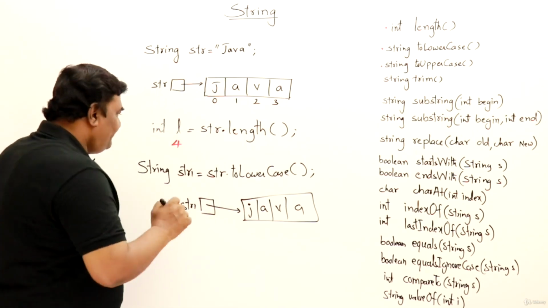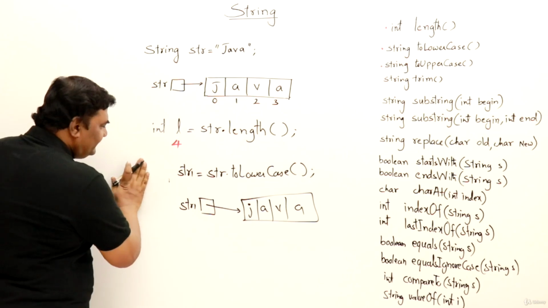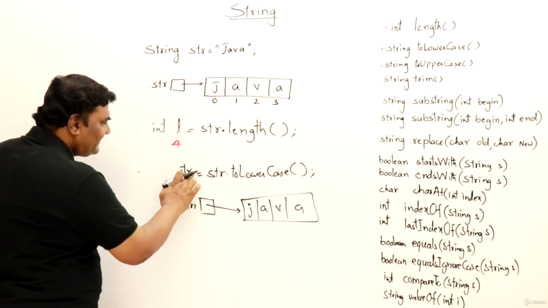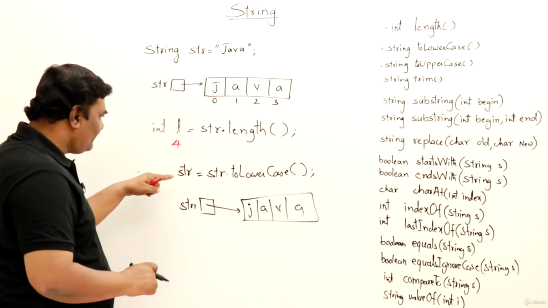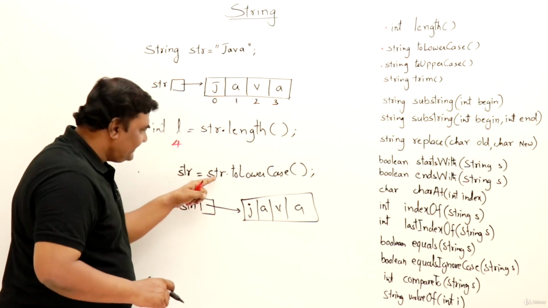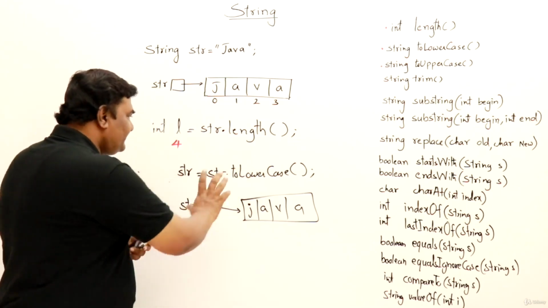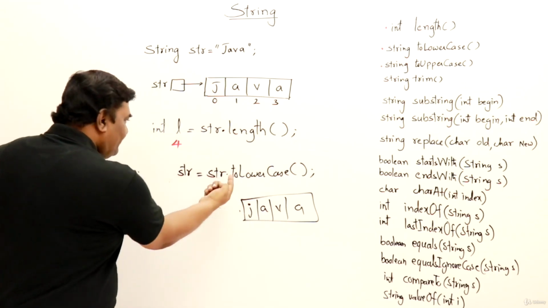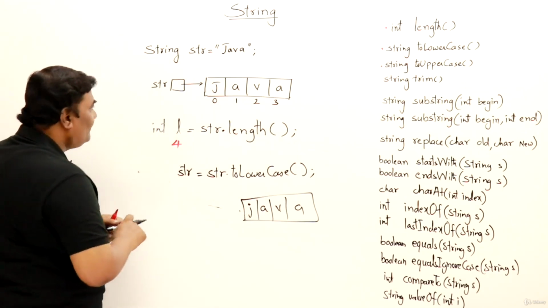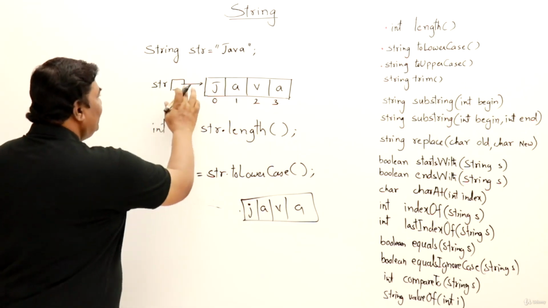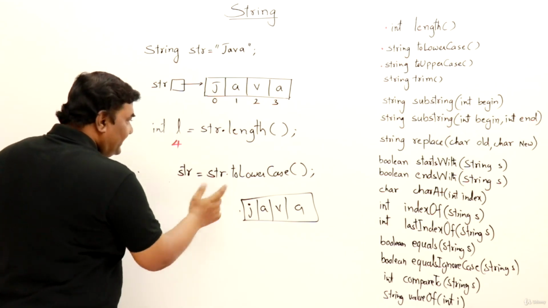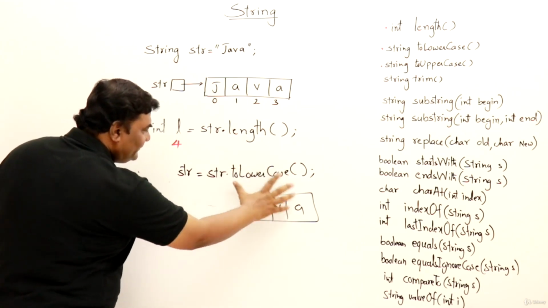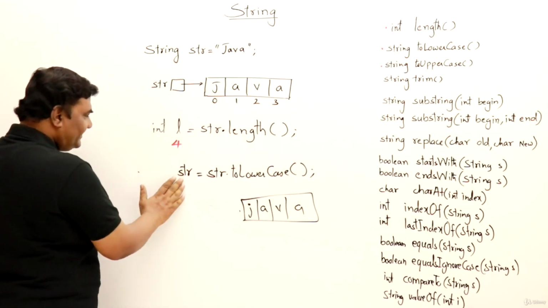Now one more thing. If you say, no, I don't want to take it in any other reference, I want to mention here str only. Just read it properly: str assigned with str.toLowerCase. So this will create a new object, and I want to assign it to str only. Where str is pointing right now, it is pointing on this object. If you do it like this, then the new object will be given to str.